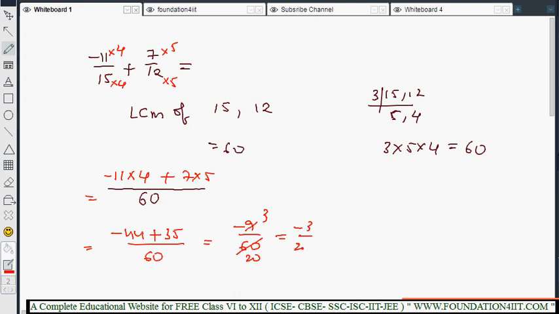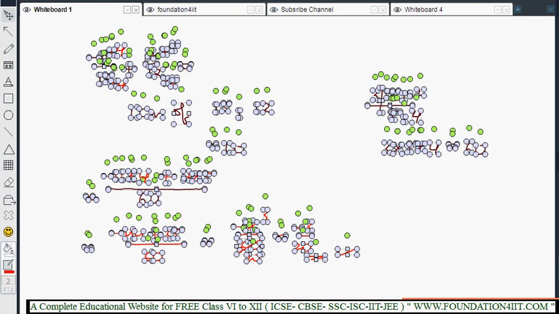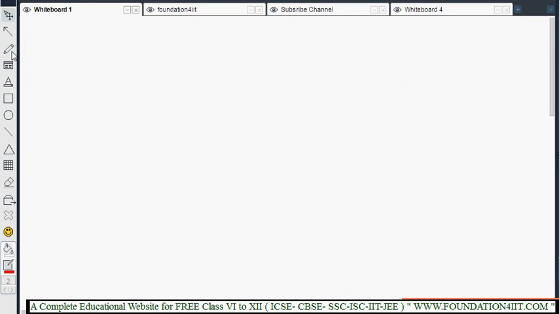So minus 3 by 20 is the sum of minus 11 by 15 and 7 by 12. Right? So this is the addition of rational numbers. Now I'll explain some properties of the addition of rational numbers. So what are the properties? Let us see. Properties of addition of rational numbers.